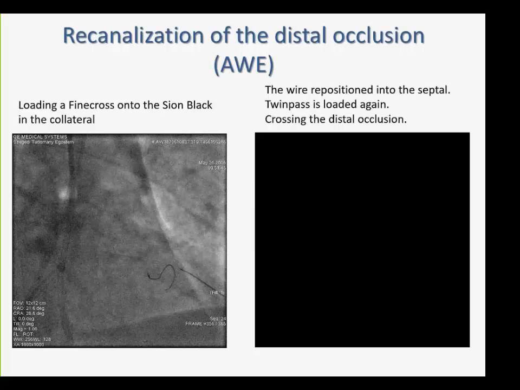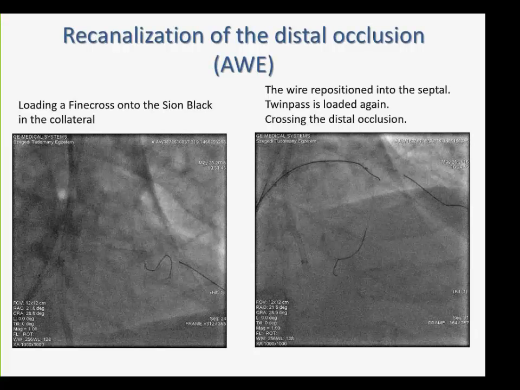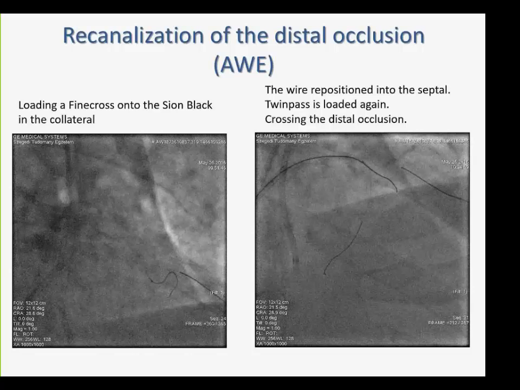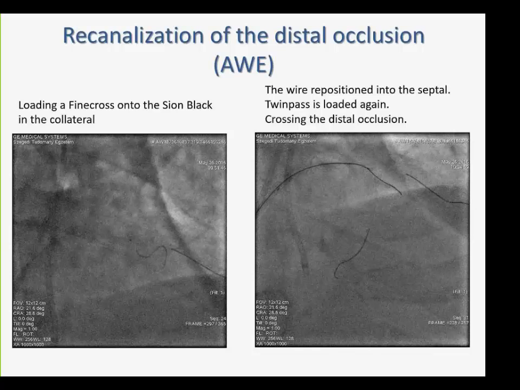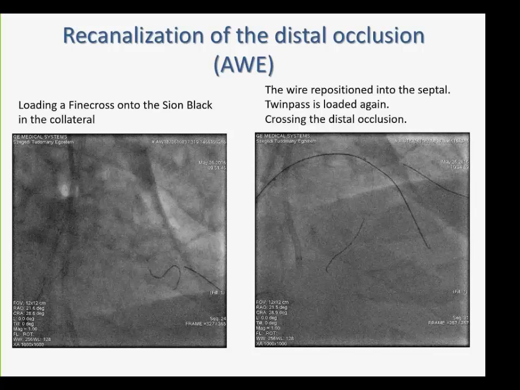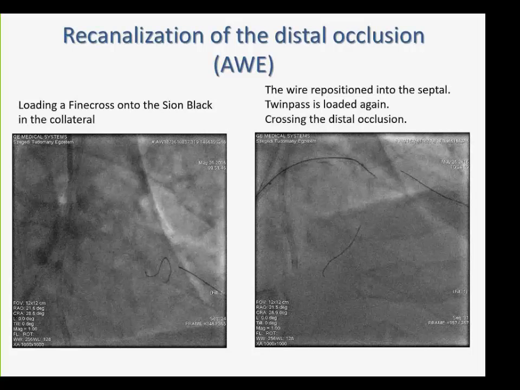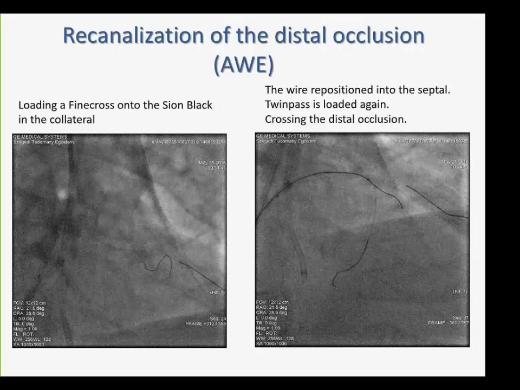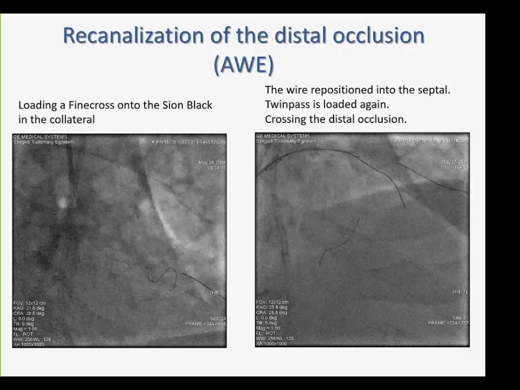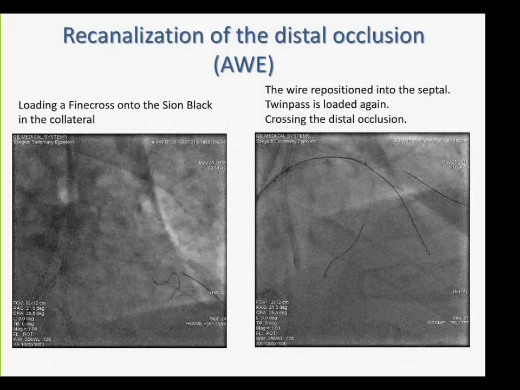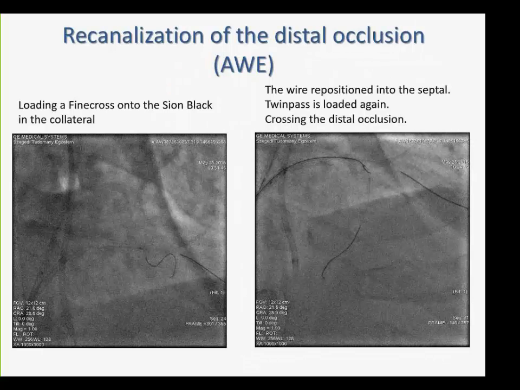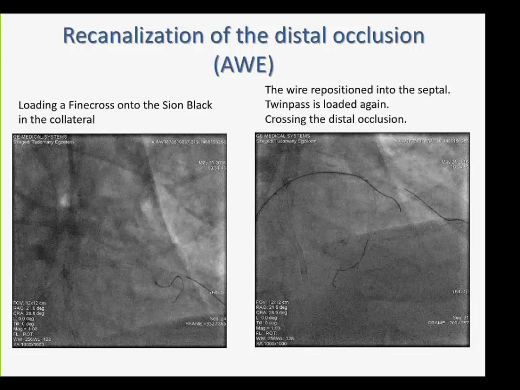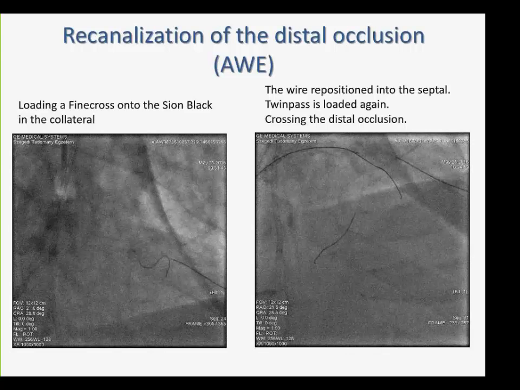At that point, we removed the Twin-Pass and reloaded the Fine-Cross into the small island of the LAD. With the help of the Fine-Cross, we changed first the broken Sion Black to a Pilot 200, and the Pilot 200 was positioned in a more stable branch, actually in the septal branch.